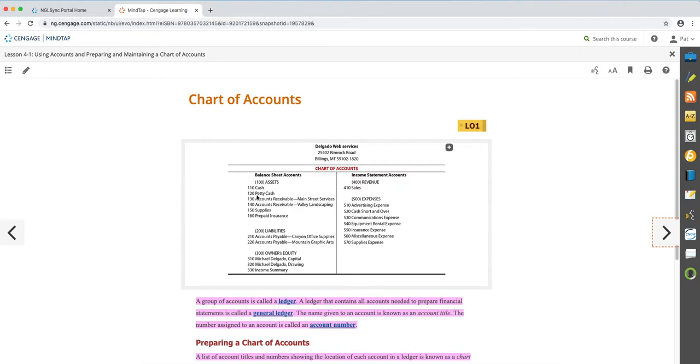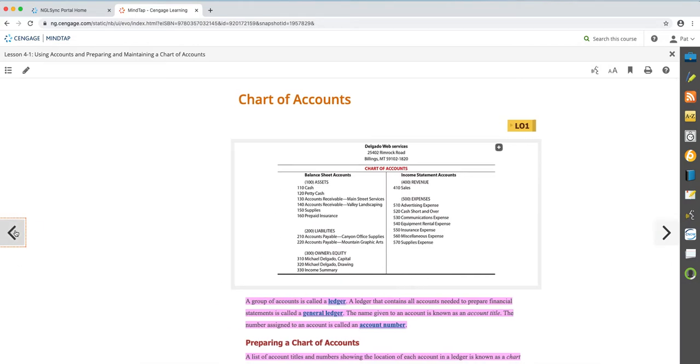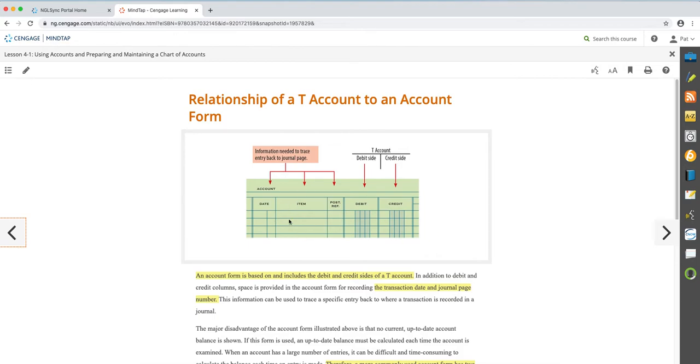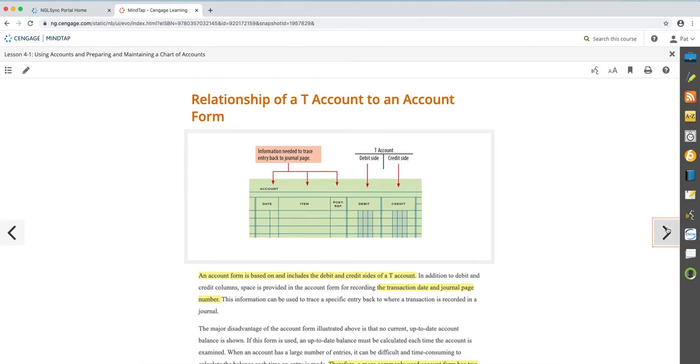This is a chart of accounts. We've seen this in our instructions. We have assets, liabilities, owner's equity, revenue, and expenses. There are the 5 divisions in our chart of accounts. Okay, the group of accounts is called a ledger. That's what we were looking at. This is going to be a ledger entry.